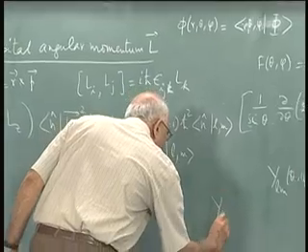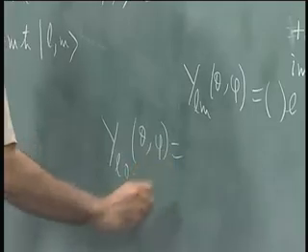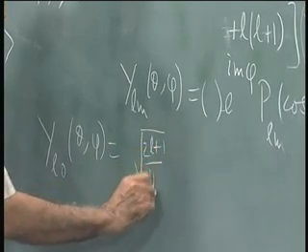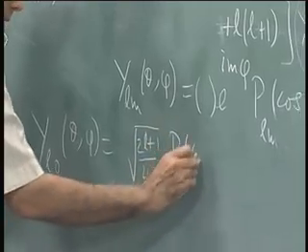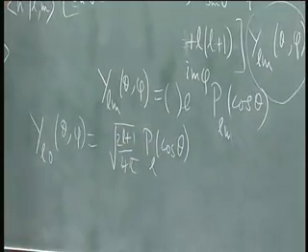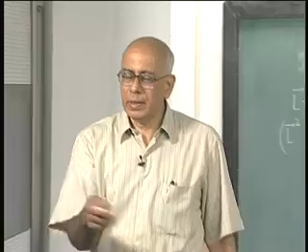Y_l0 of theta and phi is in fact equal to the square root of (2l plus 1) over 4 pi, that is a normalization factor, times P_l of cos theta. Okay. I do not remember offhand the normalization constants for Y_lm in general, but I will write it out in the problem set.